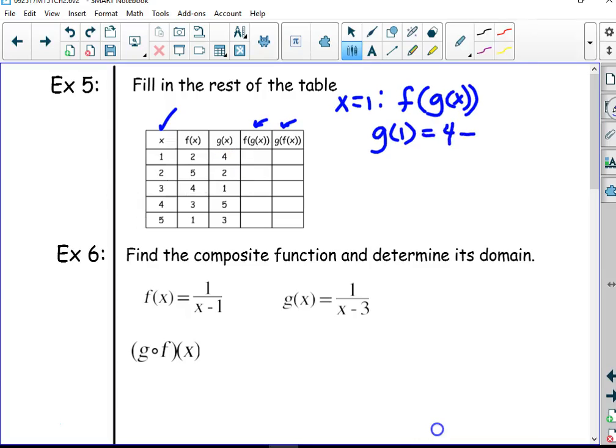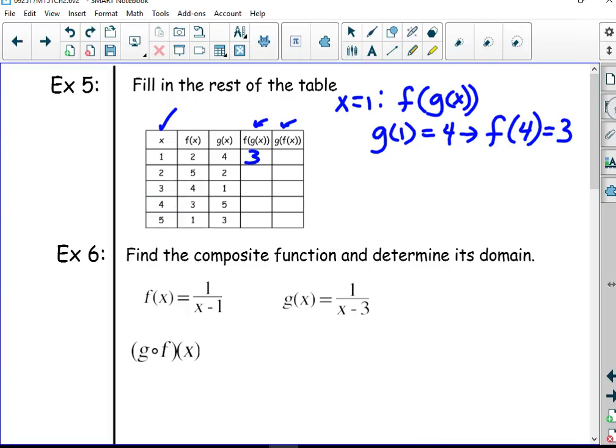Now let's look at f of 4. So the result of my inside function is what we put into the outside function. So we go over to 4, f of 4 is 3. So f of g of 1 is going to be 3.